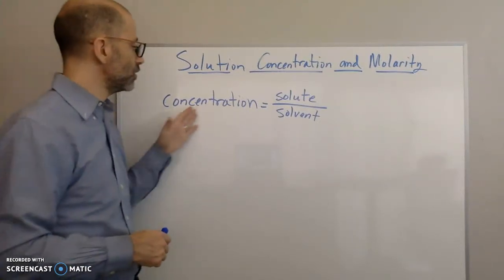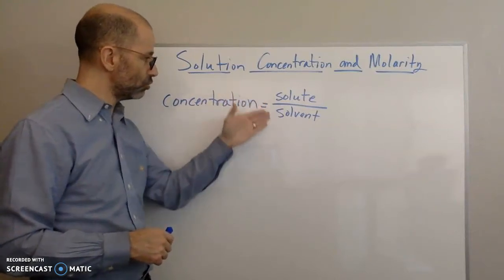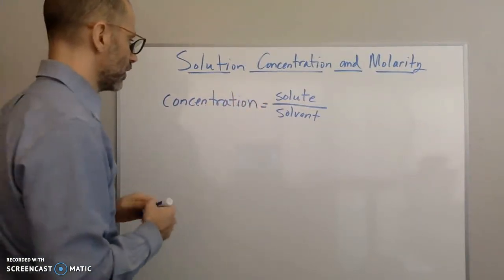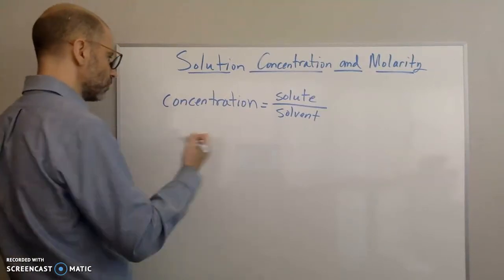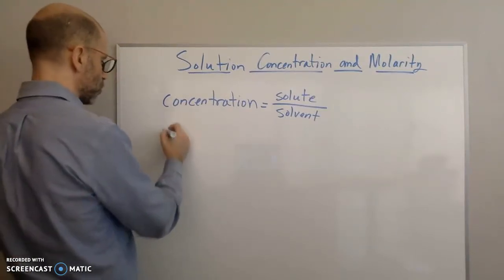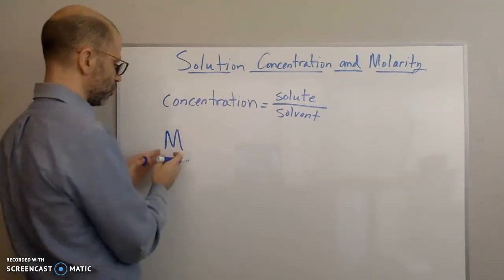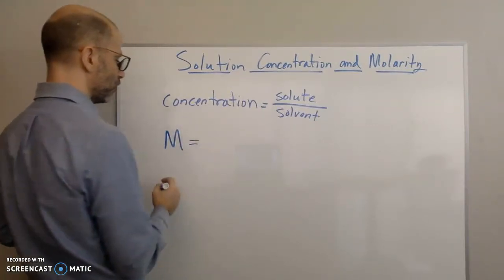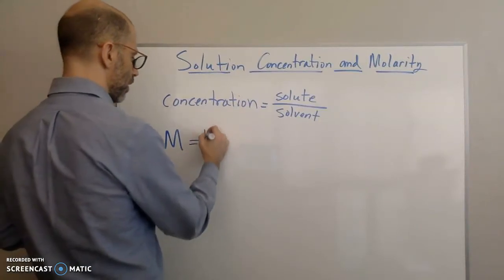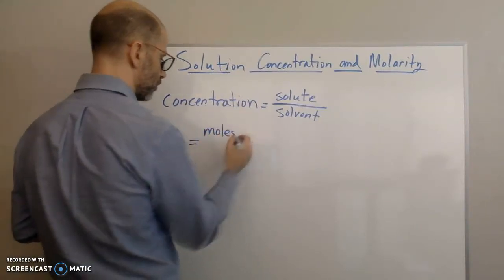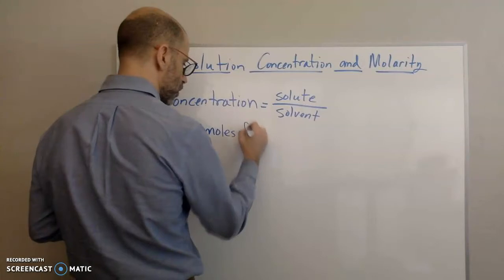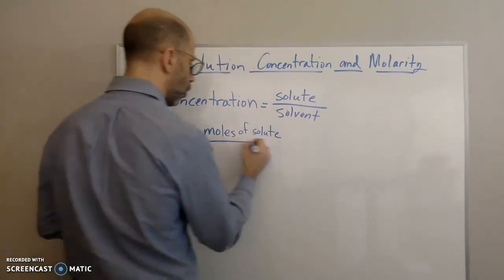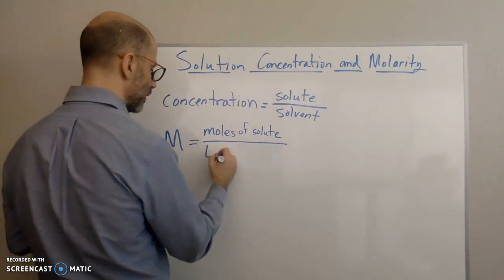So if we understand the concentration as solute over solvent, we could also think of molarity as well. But it's going to be a little bit different. So molarity, which is represented by a capital M, is equal to moles of solute over liters.